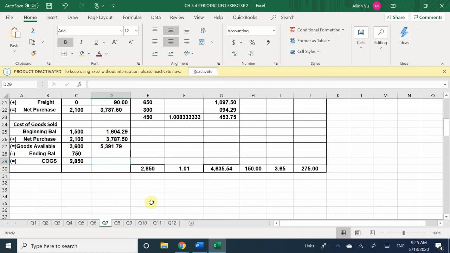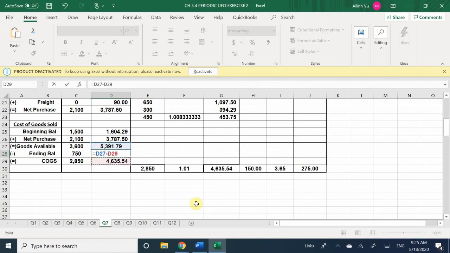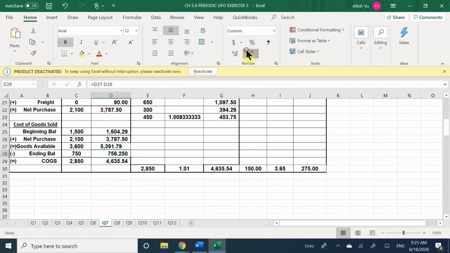So what is my ending balance here? 463553. 465.73. What did you get?